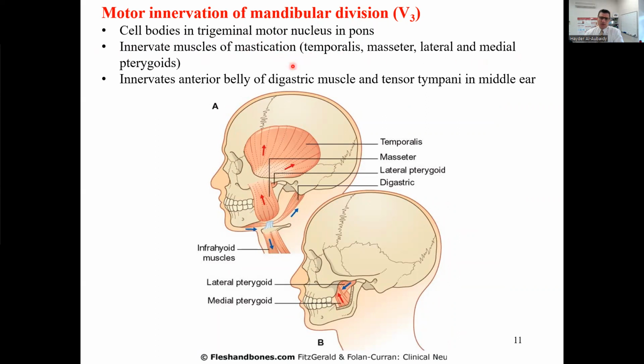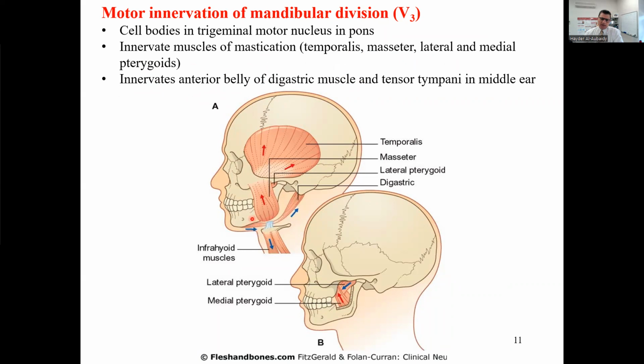We've covered this in week 1 plus week 2. In addition to muscles of mastication, it innervates a few other muscles, like the anterior belly of the digastric muscle. Digastric refers to a two-bellied muscle, one of the muscles of the suprahyoid group.